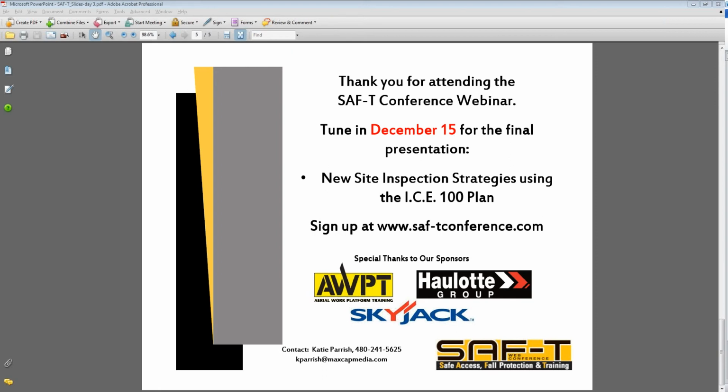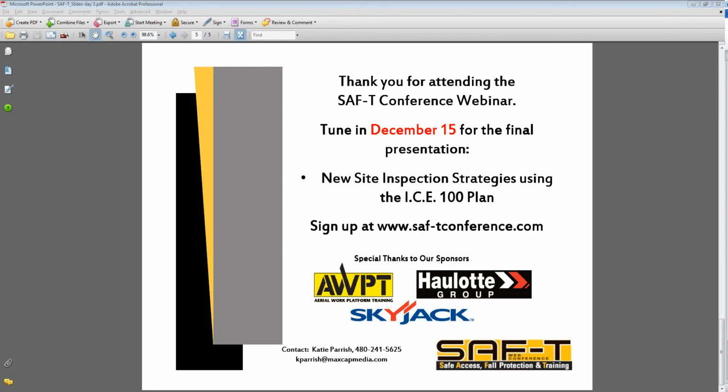Okay, great. On an aerial lift, I believe they're asking about location of anchor points, but pros and cons of anchor points on aerial lifts. Okay, that's a bit outside of selection, I think, at this point. But ultimately the manufacturer has an anchor point on a lift, and that's the point that has been designed as applicable for your fall protection system for you to hook it up.